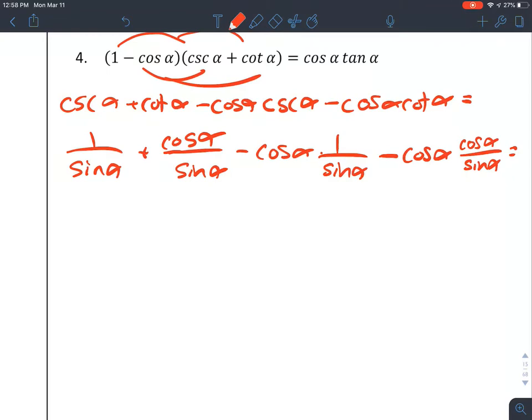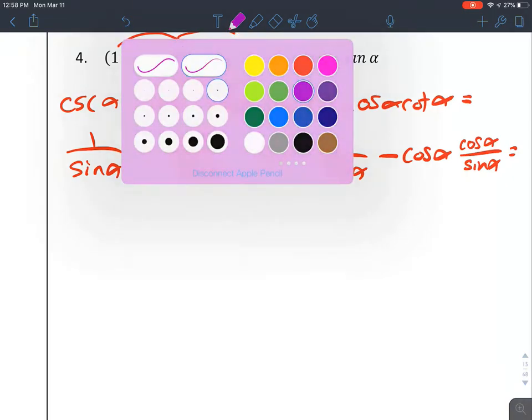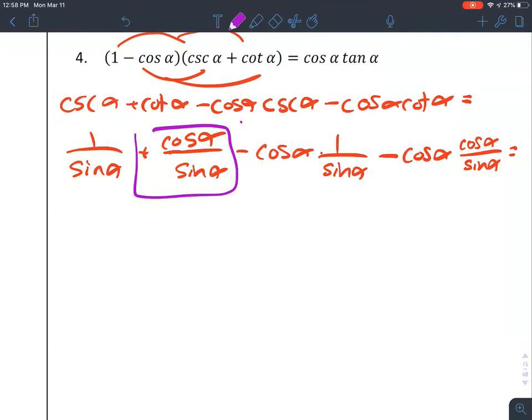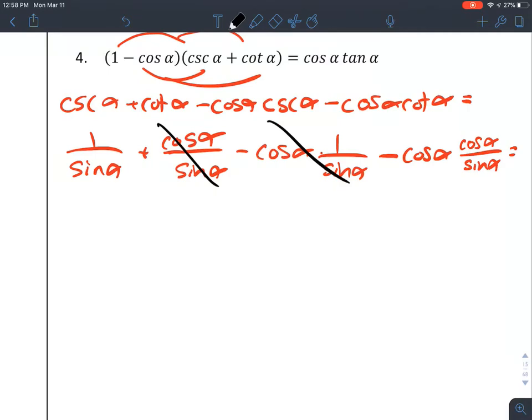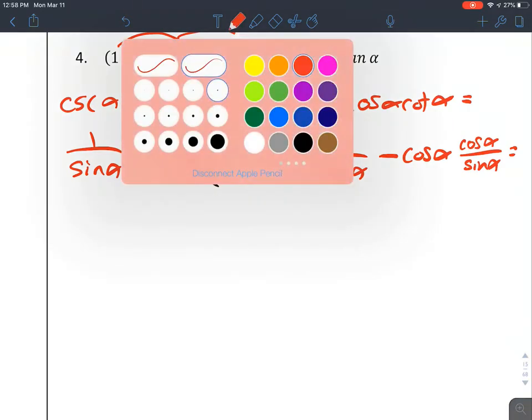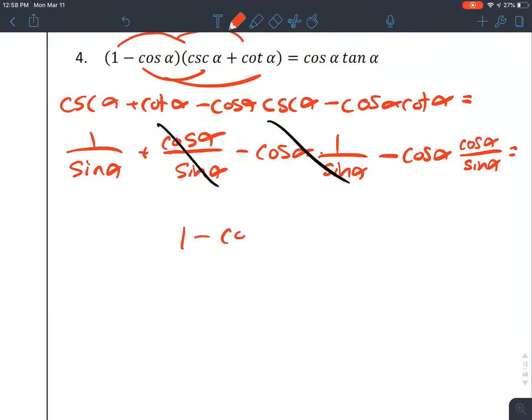So if I look closely, this fraction and this fraction are the same, one's plus and one's a minus. So they cancel, which really means that I have these two terms left. If I put those together in one fraction, it's going to be 1 minus cosine squared of alpha over sine of alpha.